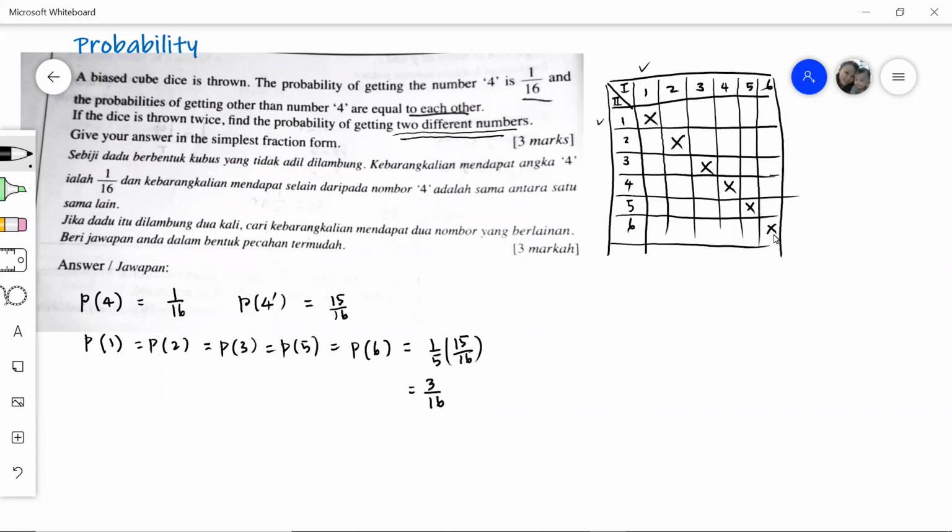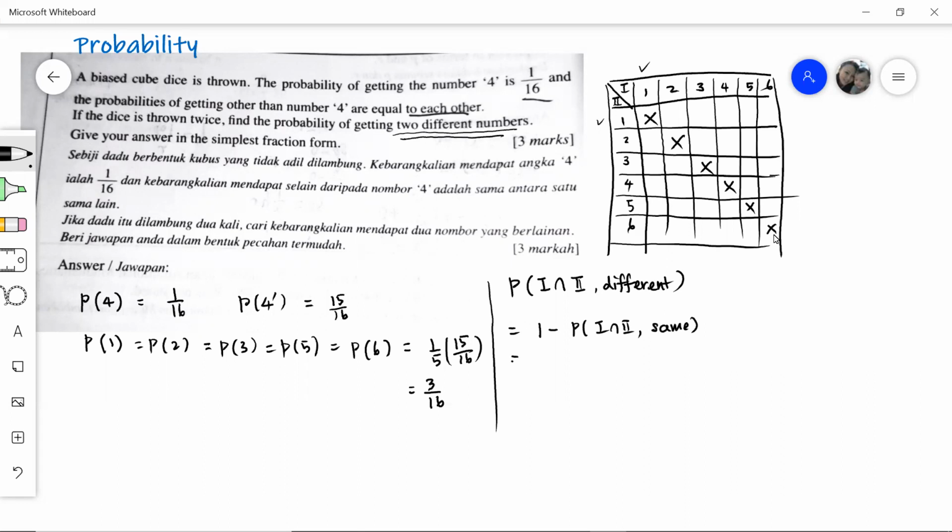That means what we need to do is, for the probability of the first throw and second throw being different numbers, just take 1 minus the probability of getting the same number.